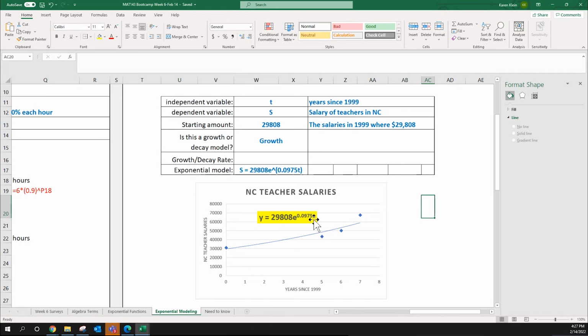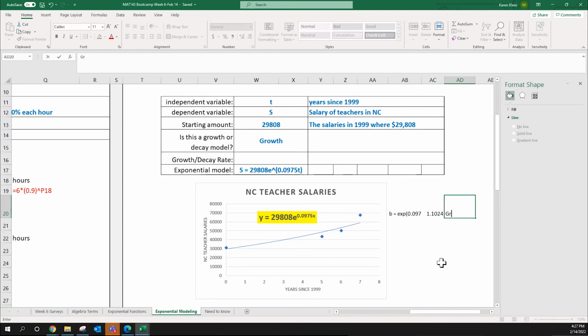In order to find the growth rate, we need to find the value of b, right? So let's just do this over here to the side. So b is going to be equal to e to the power 0.0975. Let's expand my digits here. So we have a b value of 1.1024.